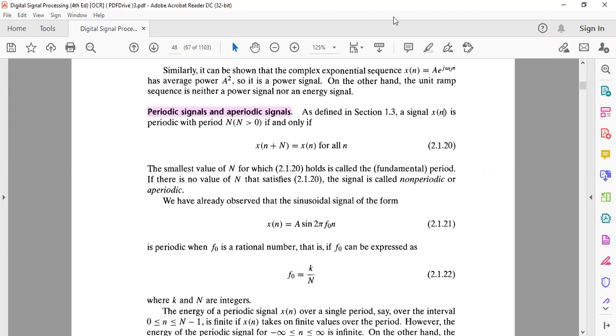We have seen that in sinusoids: if you take a value here and the period is 2π, then after 2π it will be the same value, and after another 2π it will be the same value altogether.